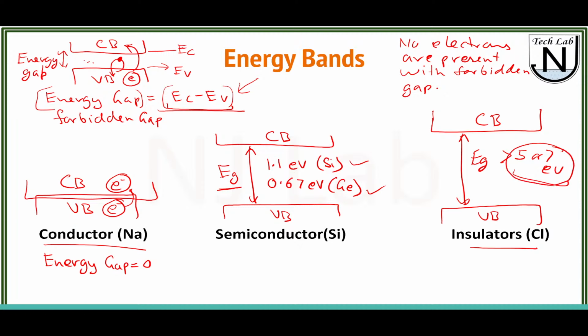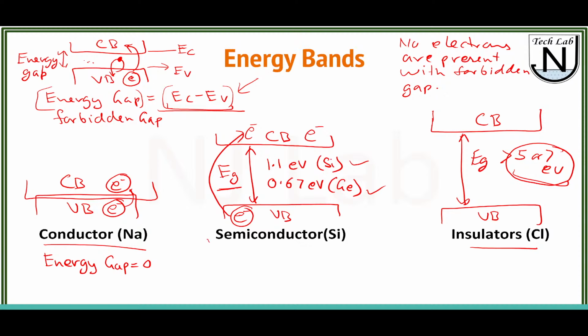And it is because of this energy gap that we can provide some external source of energy to the semiconductor, so that the electrons present here may move to the conduction band. Once these electrons move to the conduction band, they start flowing and establish a current.